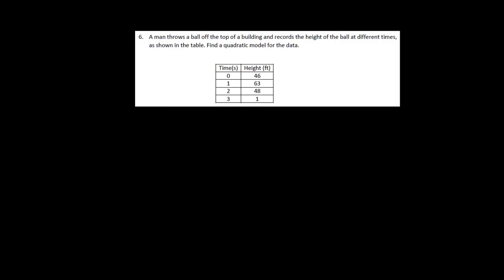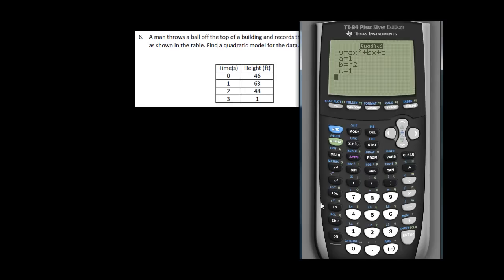Number 6. Let's get the calculator out. Let's clear out our x and y values. So our x values: 0, 1, 2, 3. The y values: 46, 63, 48, and 1.